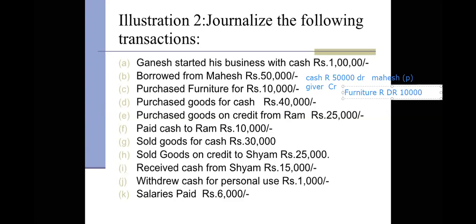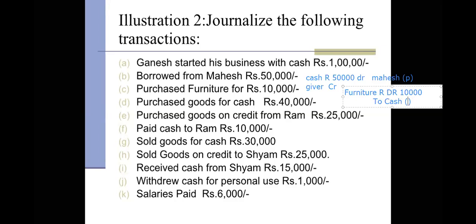On the other hand, what is going out? Cash is going out. Cash is real. You are not supposed to write anything like P and R in it; I am writing it only for your understanding.